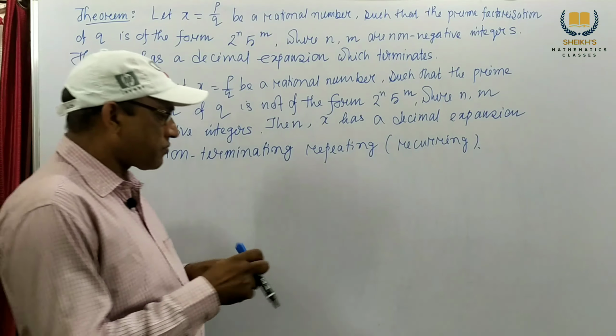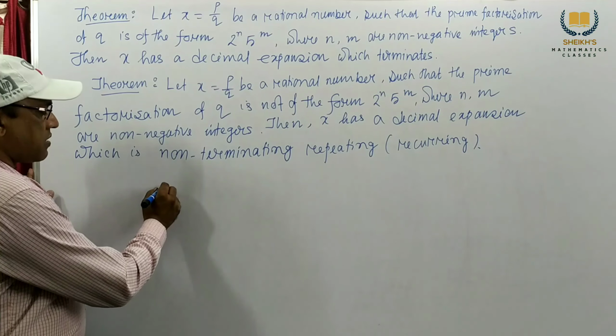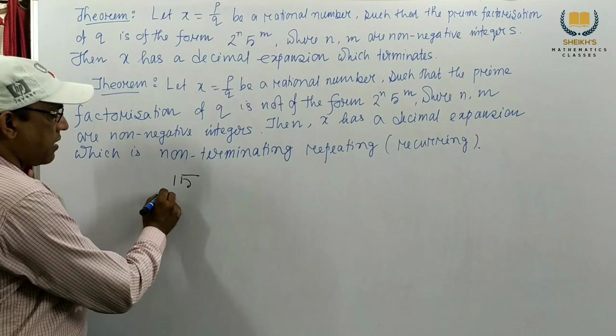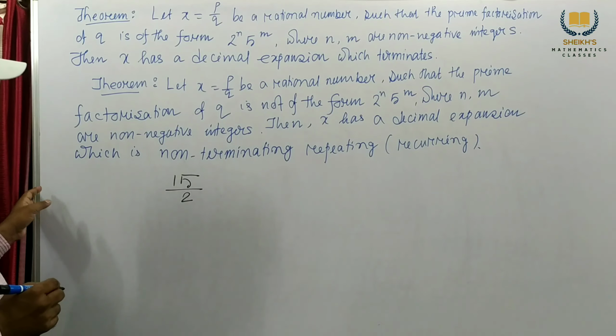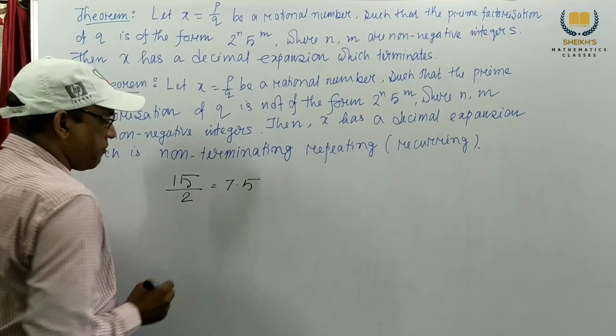Now we consider one example. Suppose 15 by 2. If we divide, then we get 7.5.